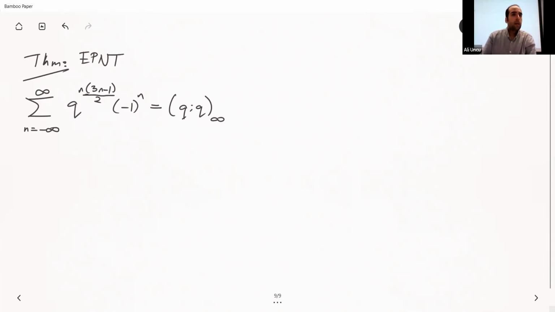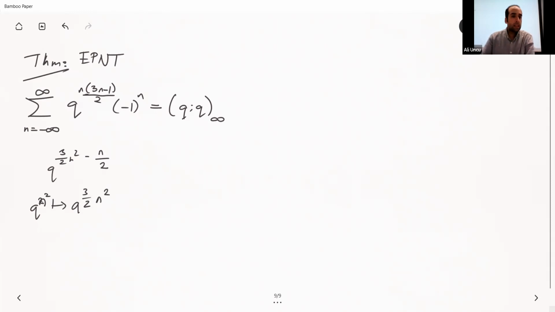For me to prove that, I will use the Jacobi triple product identity again. And for that, I have a 3n squared divided by 2. So I have a q^(3/2 n^2) and a minus n over 2, right? So for me to get this 3/2 n squared, the q squared that I have should go to q to the 3/2. My q^(n^2) inside my sum in the Jacobi triple product identity should go to q^(3/2 n^2).